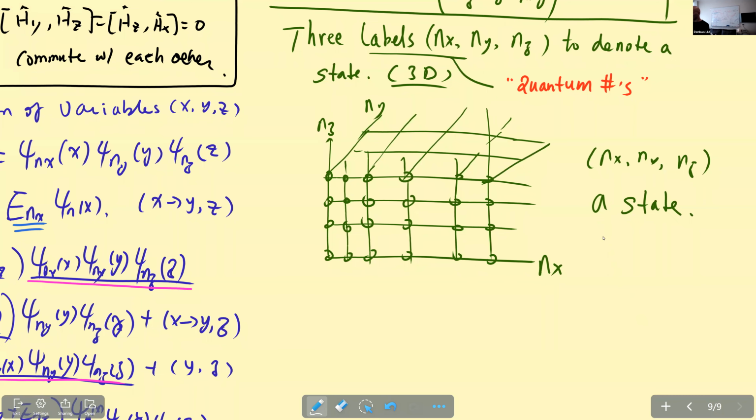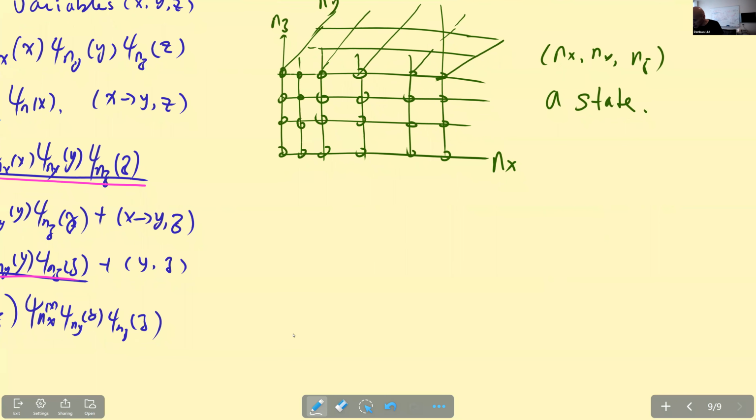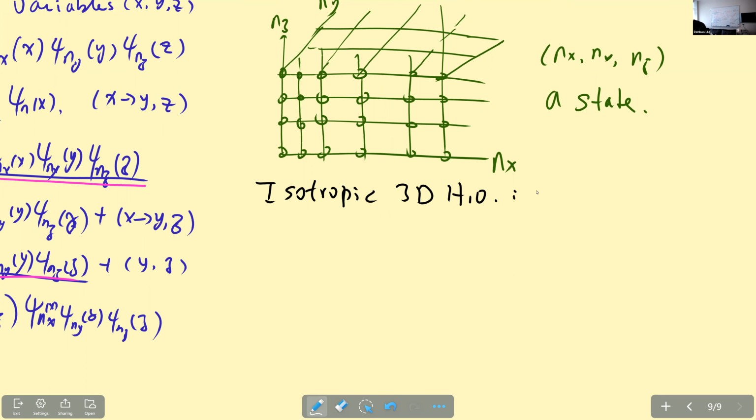All right. And of course, if we have the isotropic case, so you have ω_x equals ω_y equals ω_z.